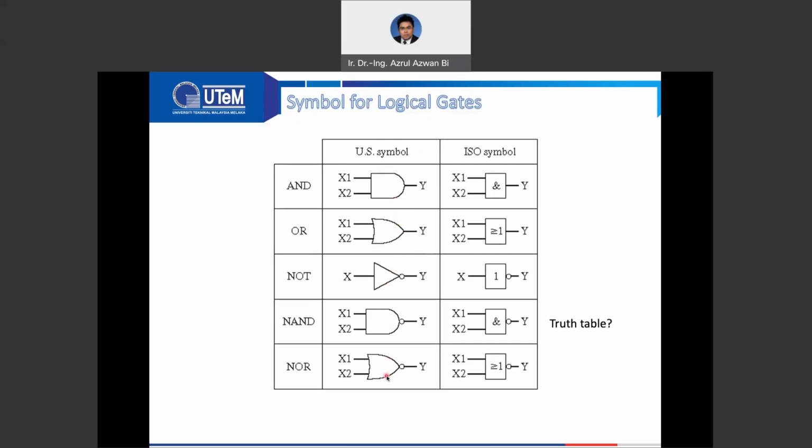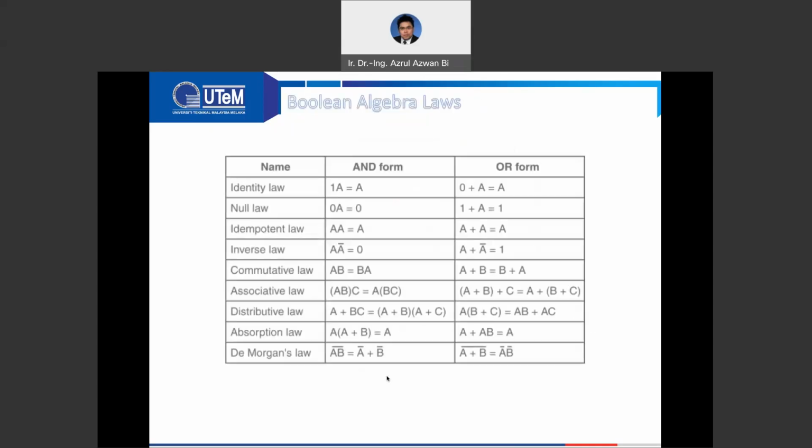You have already taken a look at the truth tables for AND, OR, and NOT. Maybe you can try by yourself to draw your own truth tables for NAND and also for NOR. There's also Boolean algebra.